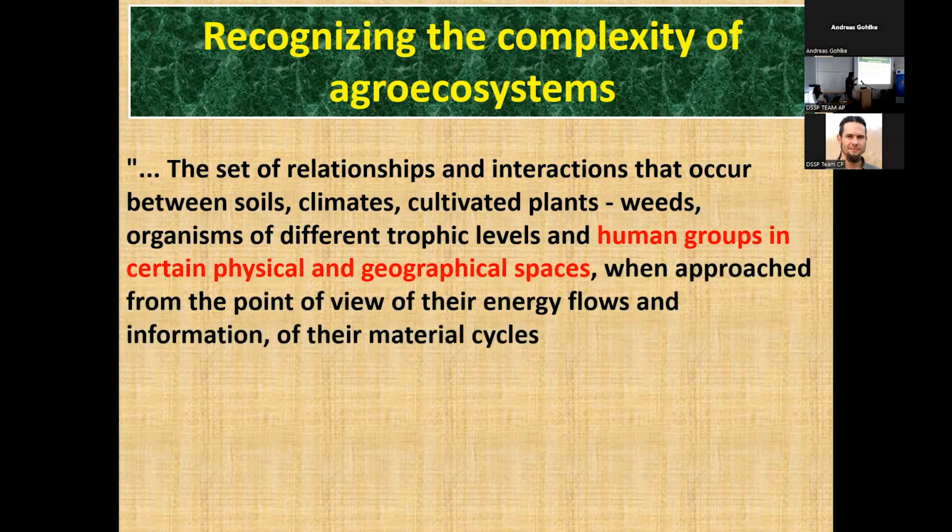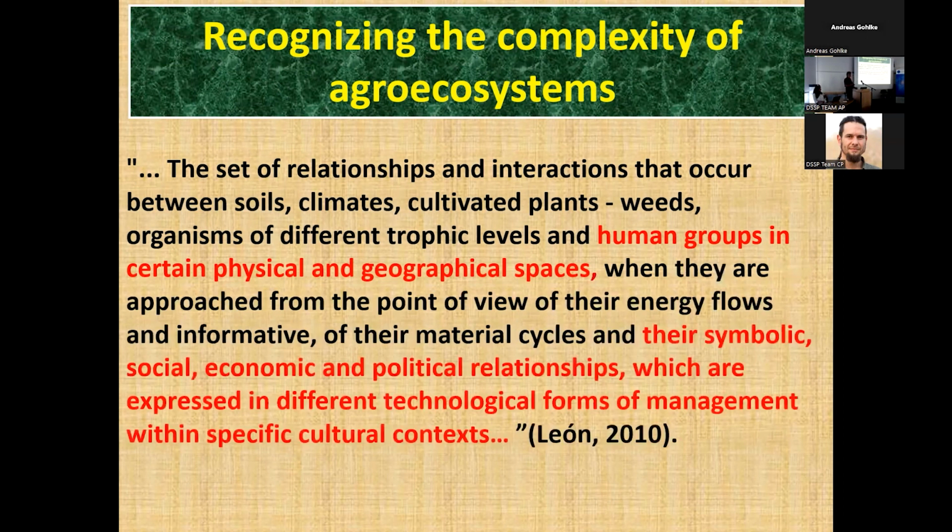But when you approach this relation from the point of view of energy flows and information, or the material cycle, and the culture, meaning the symbolic, social, economic, and political relationships which are expressed in different technological forms of management within a specific cultural context, you have an agroecosystem.